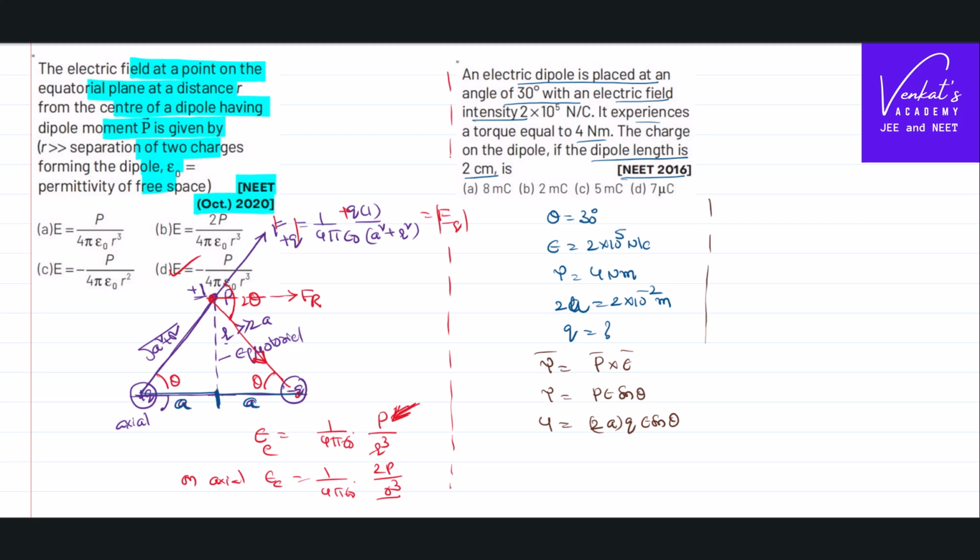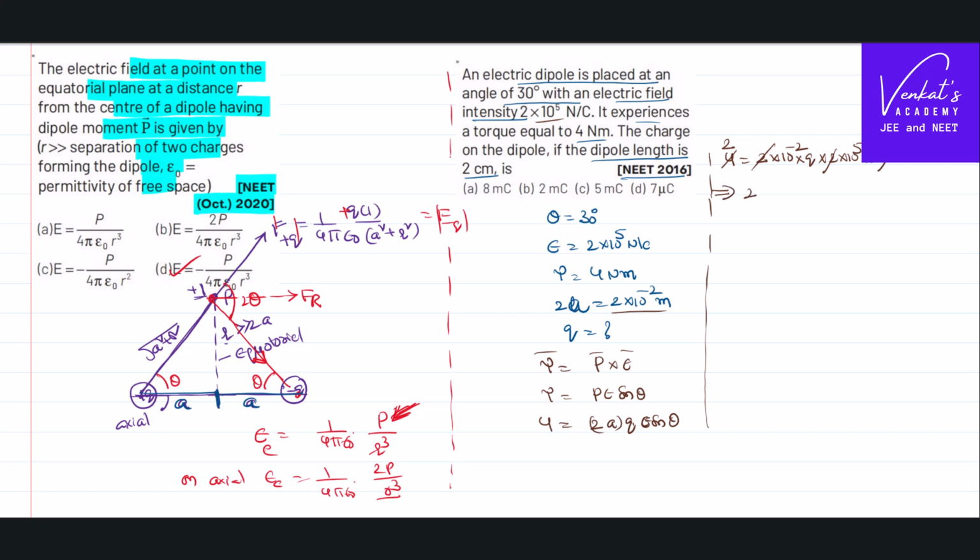Let us substitute the data and see what happens. 4 equals 2a, which is given as 2 centimeter, that is 2 into 10 power minus 2 meter, into Q, which I have to find out, into of course E, which is given as 2 into 10 power 5, and sin 30. Theta is the angle with the electric field. You know, sin 30 is half, so sin 30 and this 2 will cancel. Here also 1 2 can be cancelled.